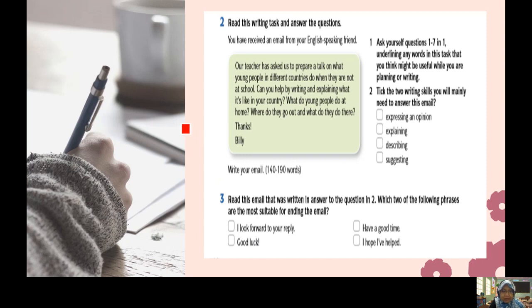Billy. Right? Billy sent you the email. Question number 2. What does he have to do? Apa yang dia patut buat? Kenapa dia beri awak email ni? Sebab apa? Because he prepares a talk on what young people in different countries do when they are not at school.